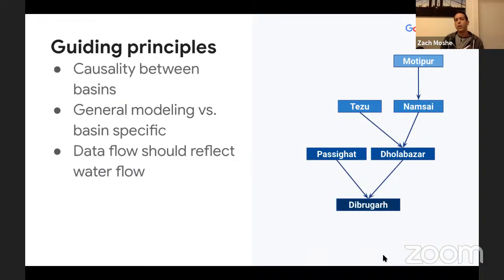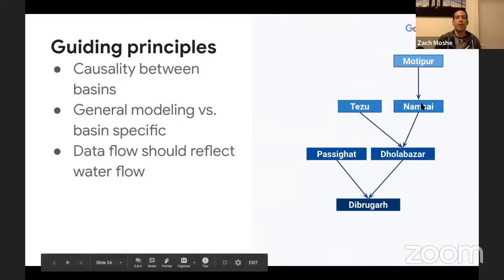First, we obviously recognize the causality between the basins. So if we just concatenate all inputs and try to run a simple regression, we basically allow connections from all the gauges and all the readings to the output, and maybe that's not really correct, because that's actually what's causing this overfitting. But we are saying that there is causality between the basins.